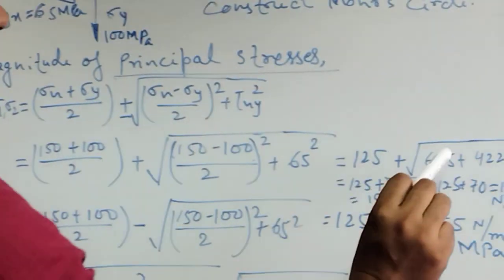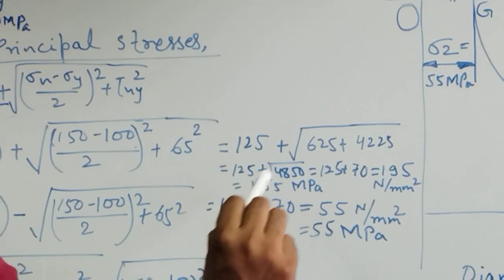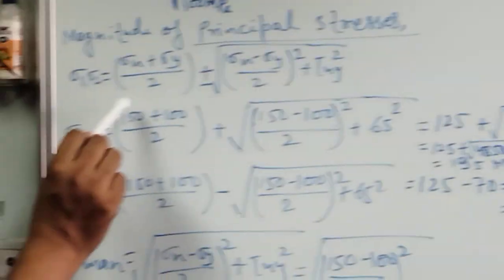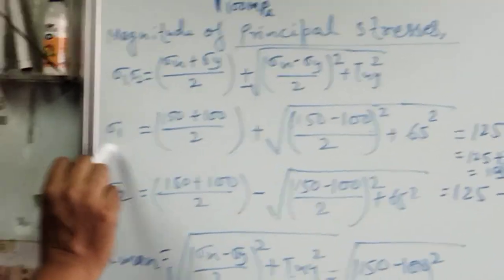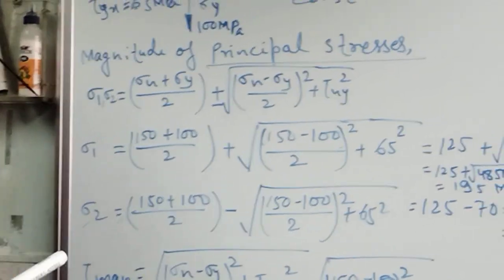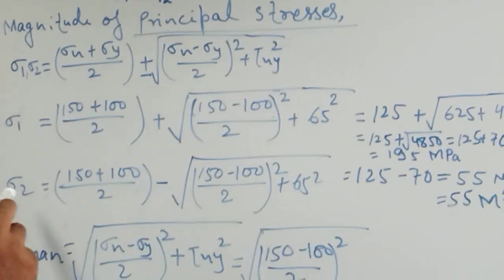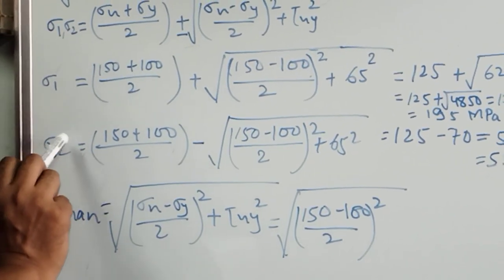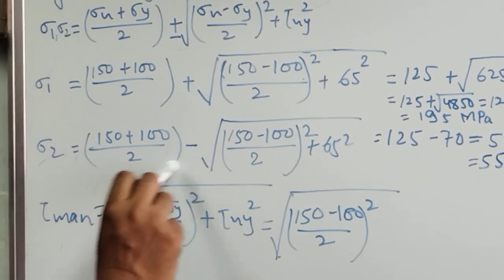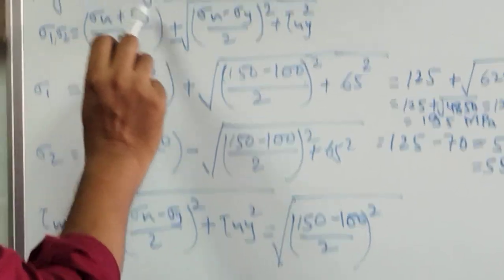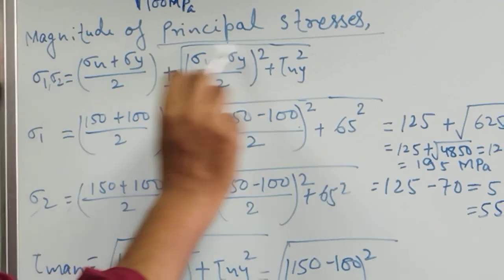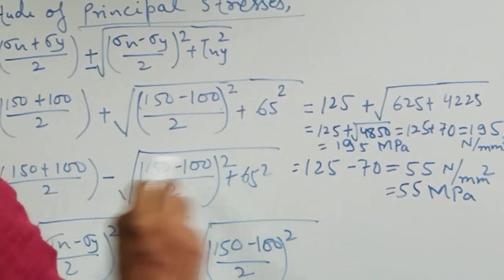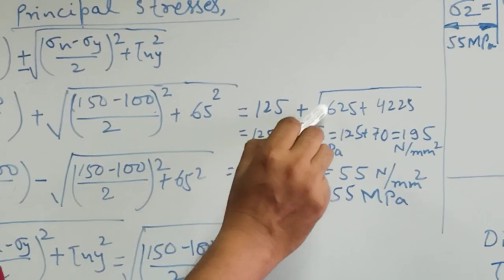Then we do all the mathematical calculations. As a result, we got 195 megapascal as the first principal normal stress. Then sigma 2 is (sigma x plus sigma y) by 2 minus the root under value.